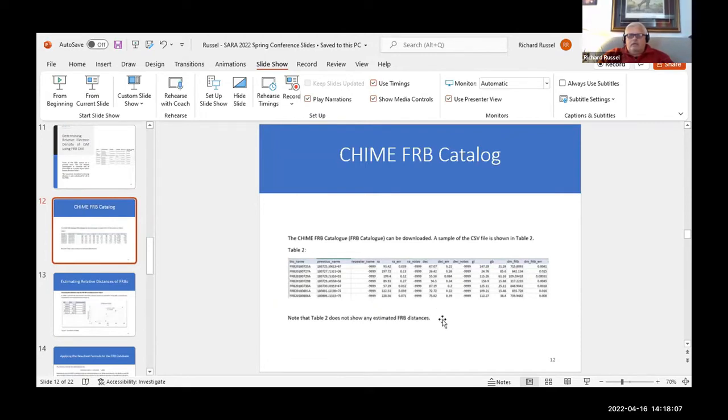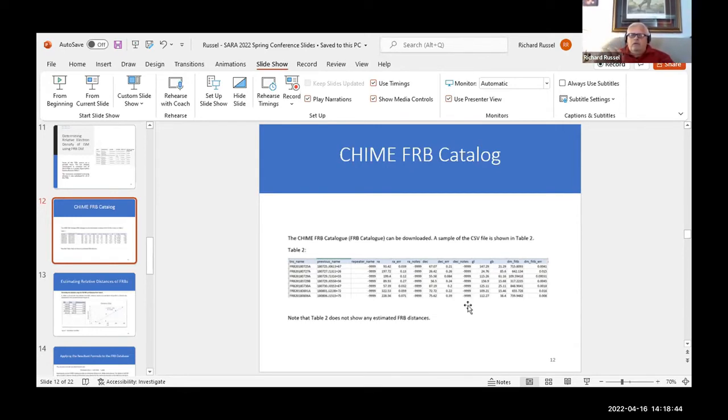So there's a lot of FRBs done, but the FRBs, even the repeaters, do not have any distances associated with them. But they do have dispersion measure, and they have the galactic coordinates, my galactic longitude and latitude direction that the FRB came from, but it doesn't have a distance to that FRB for most of the FRBs.